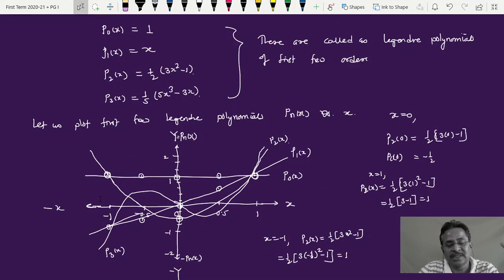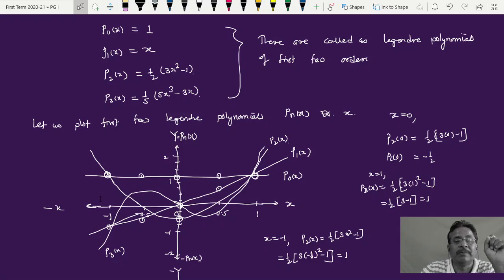So P0x is a straight line passing through point 1, parallel to the x-axis. This is P0x, it's a straight line. P1x is also a straight line, but it crosses the origin for negative values and for positive values, so it has a certain slope, and this is P1 of x.